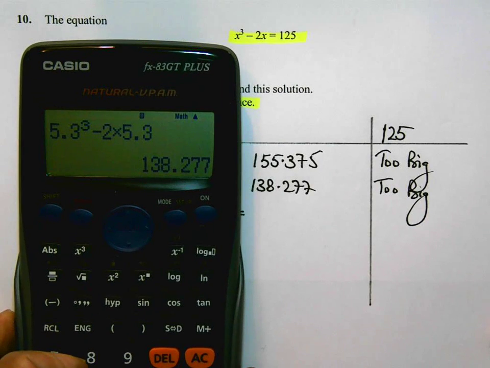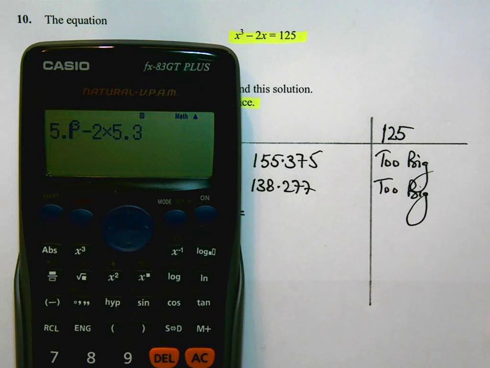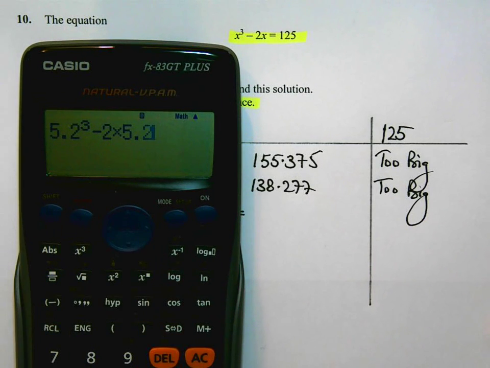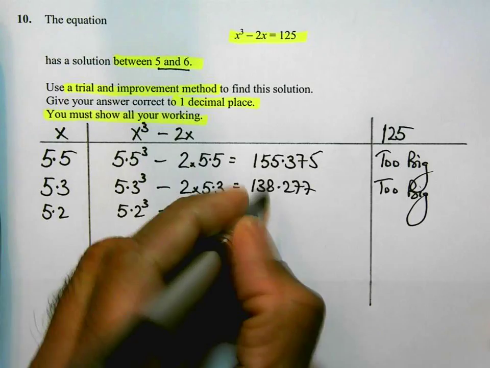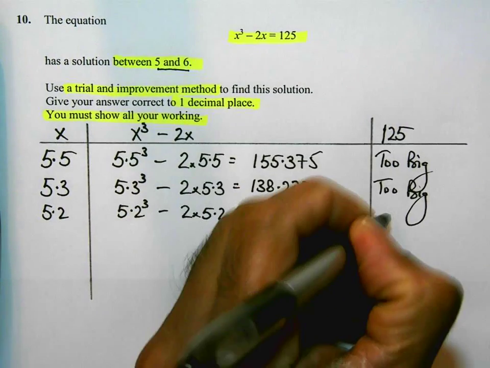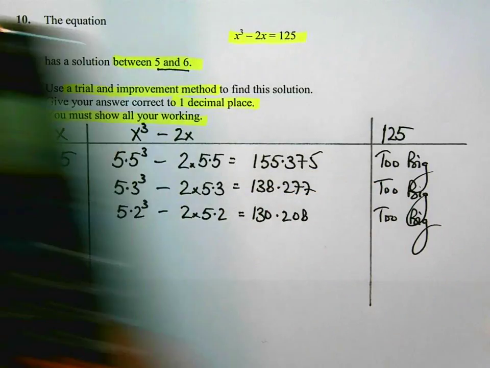I'm going to use the same method that I did before. Replace the 5.3s this time with 5.2s. And I've got 130.208, which is still too big. 130.208, and that's still bigger than 125, so that's too big.